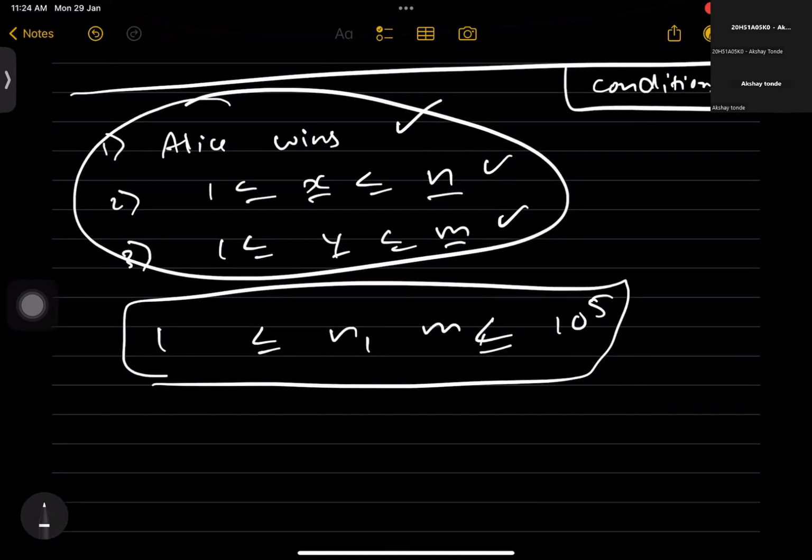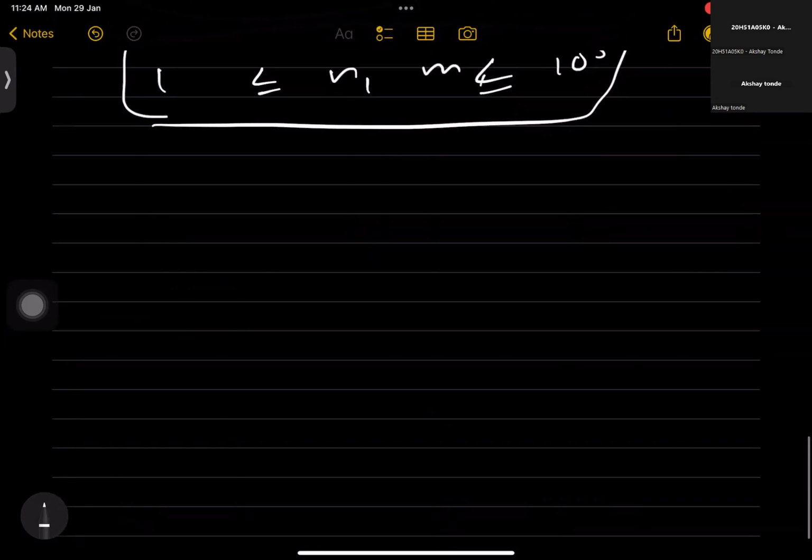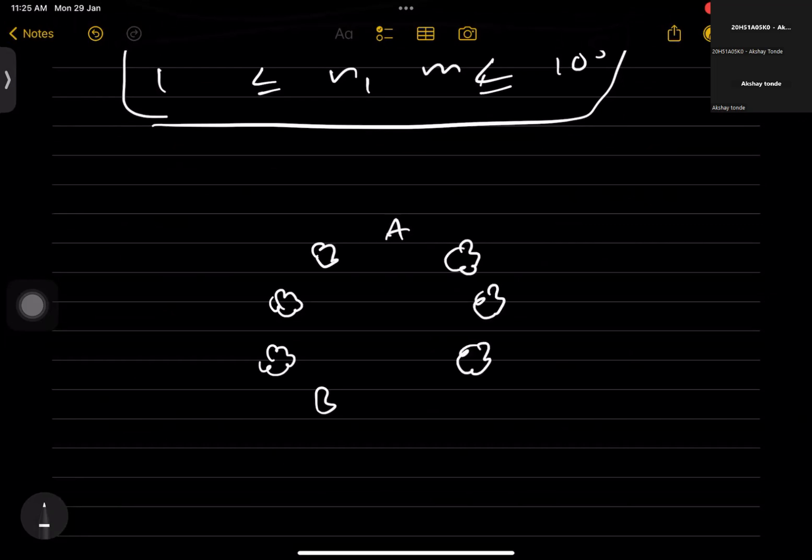Now, let us visualize how the game looks. There is Alice here, and let's say there is Bob somewhere else, and let's say these are flowers. This is the clockwise direction, and there's the anti-clockwise direction.